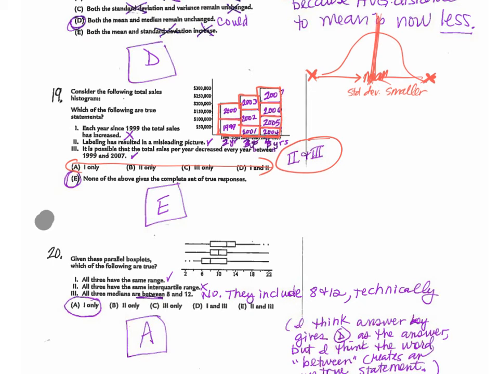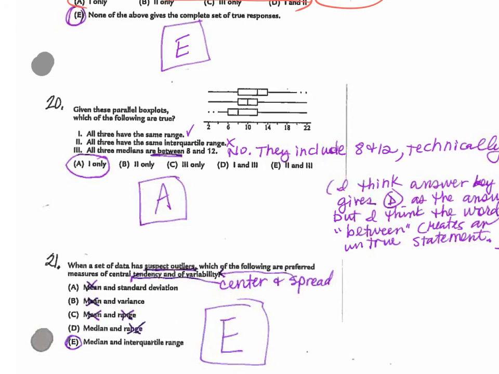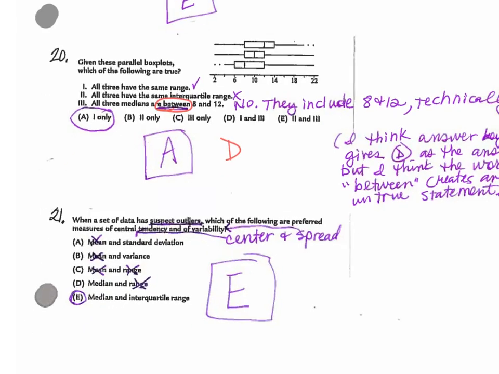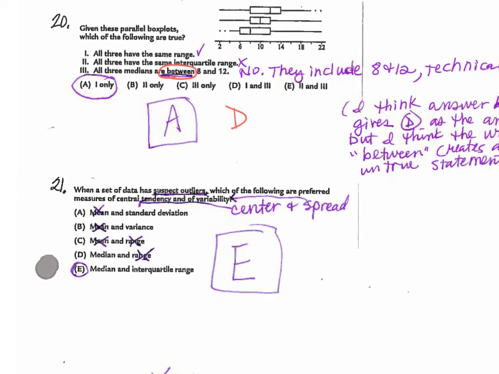Okay, now the book says that D is the answer on 20 because they did not take literally this between 8 and 10. But if you take literally the between 8 and 10, then the answer is A. And finally, 21 says you suspect outliers. That means you're going to have some skew of some type.